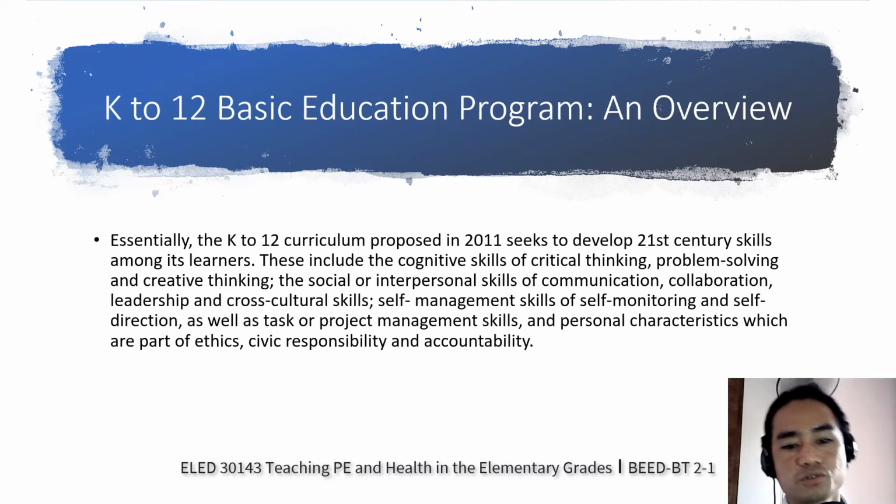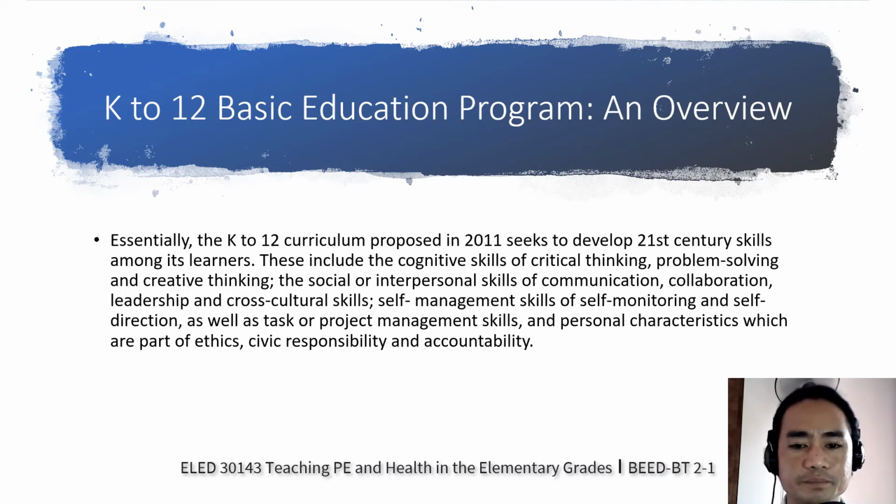We have also the self-management skills of self-monitoring and of course self-direction, as well as the task or project management skills and personal characteristics, which are part of ethics, civic responsibility, and accountability.